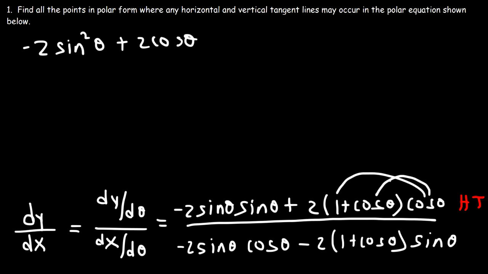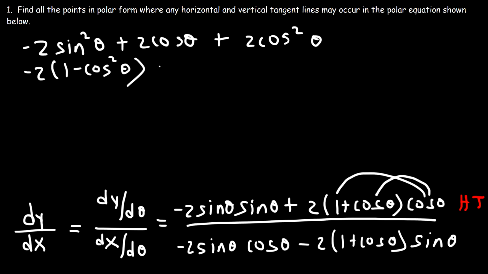And then cosine times cosine is cosine squared times the 2 in front, so that's plus 2 cos² θ. Sine squared is 1 minus cosine squared, and all of this is equal to 0. If we distribute the negative 2, we're going to have negative 2 plus 2 cos² θ.